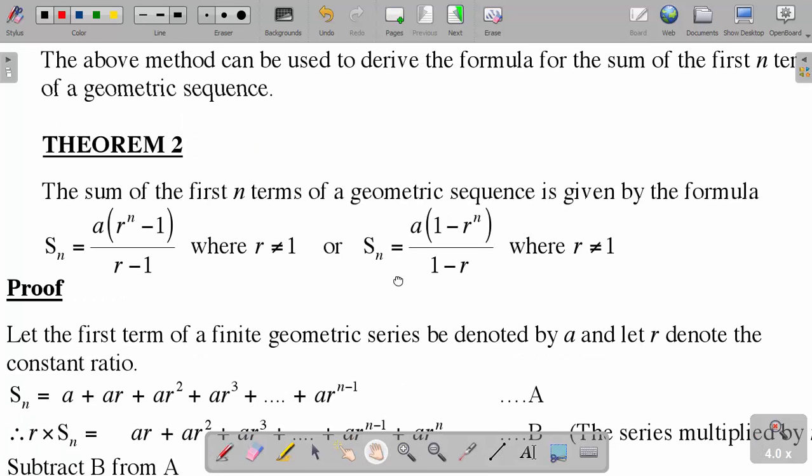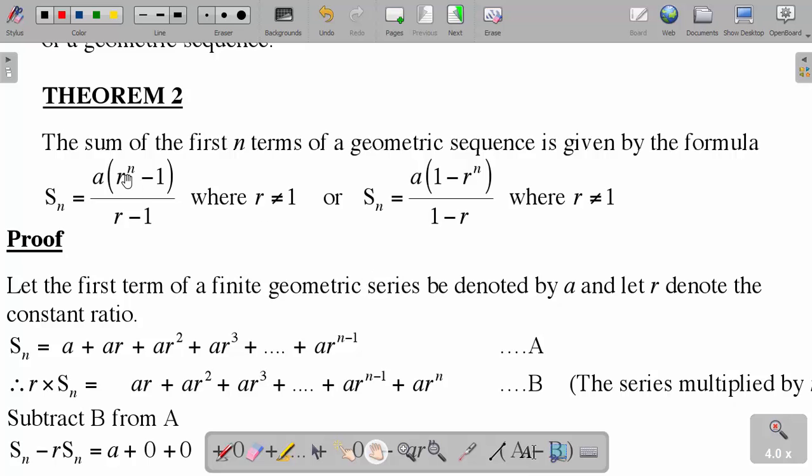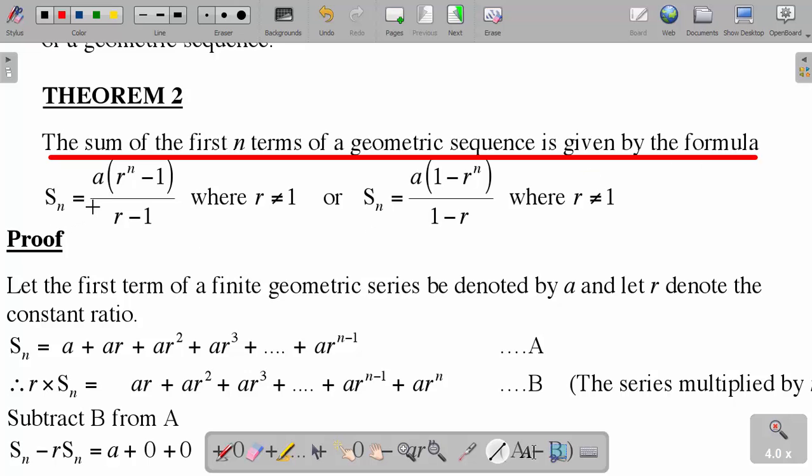It says the sum of the first n terms of a geometric sequence is given by the formula Sn equals a open brackets r power n minus 1 over r minus 1, which would also be Sn equals a into 1 minus r power n divided by 1 minus r, whereby the common ratio cannot be equal to 1.